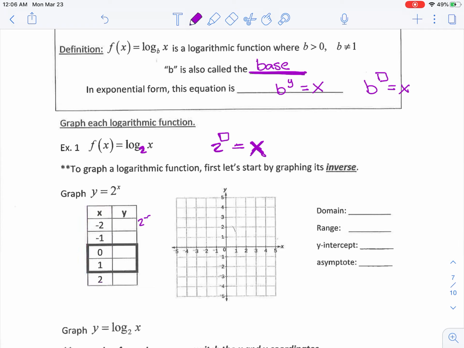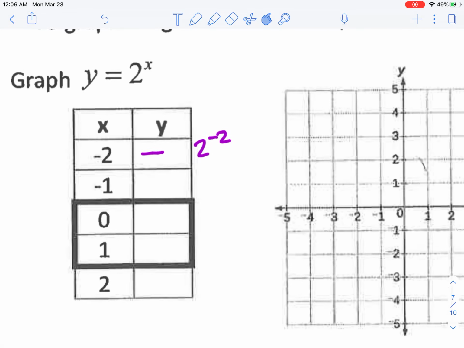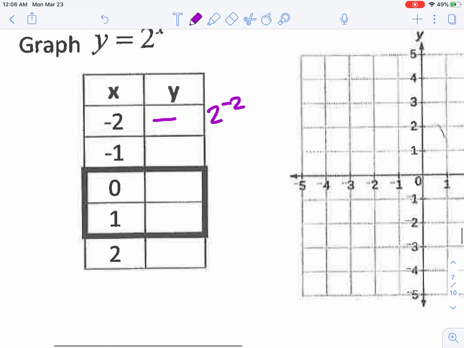So 2 to the negative 2, that negative sign creates a fraction. I'm going to zoom in here. I get 1 over 2 squared, which is the same thing as 1 over 4. Remember that negative sign flips it into a fraction, and it's to a first power, so it's just a 2.